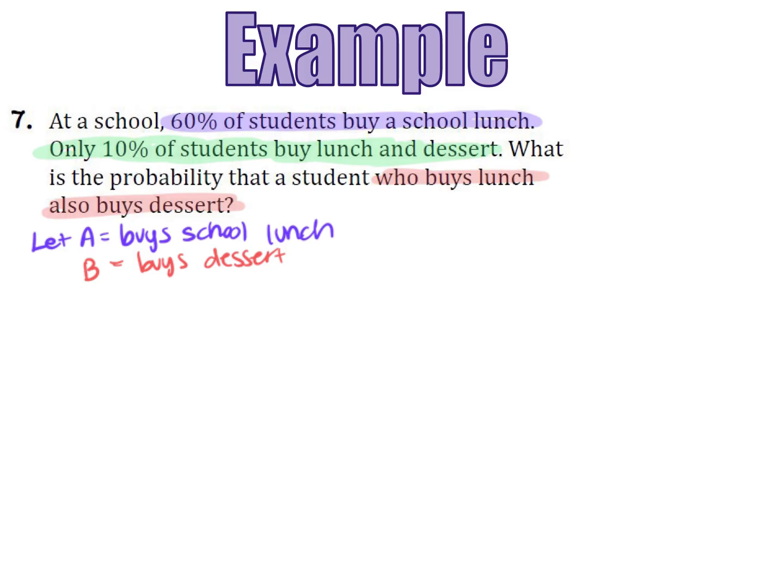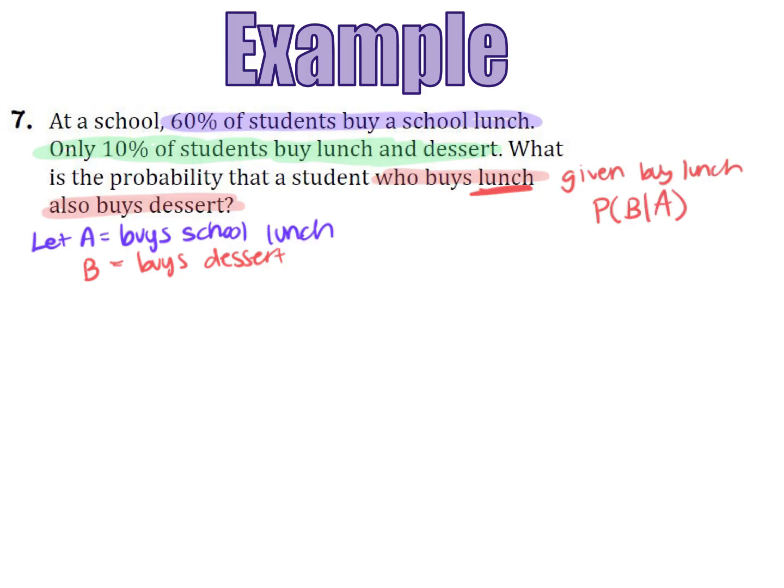So we are looking at the probability of a student who buys lunch. So this is given they buy lunch. How many also buy dessert? So what we want is the probability of B given A.